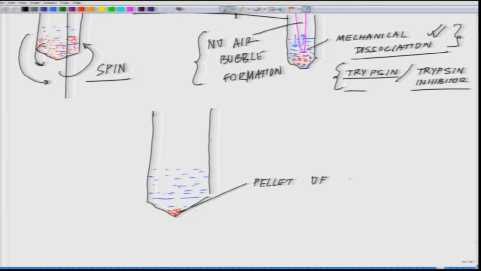Pellet of single cell suspension, and here you have the medium.